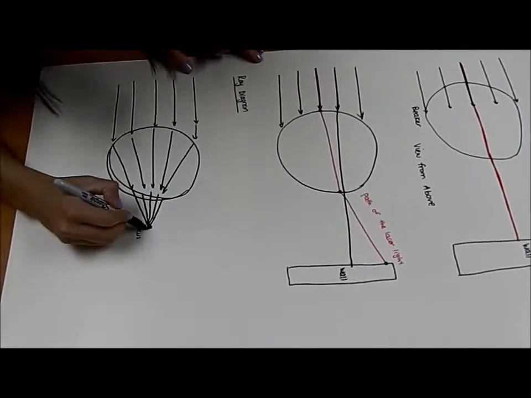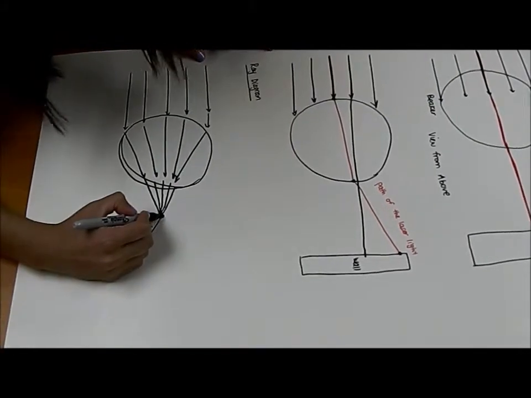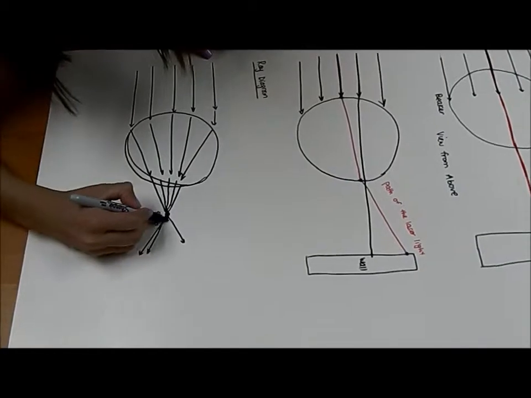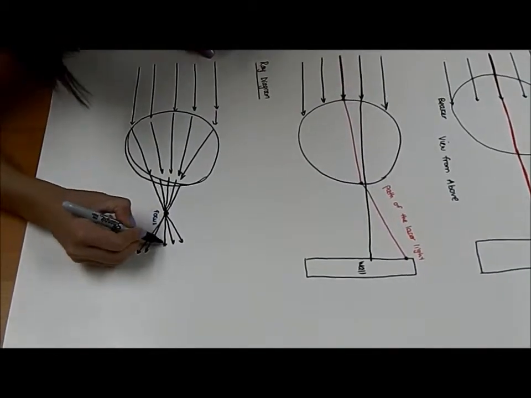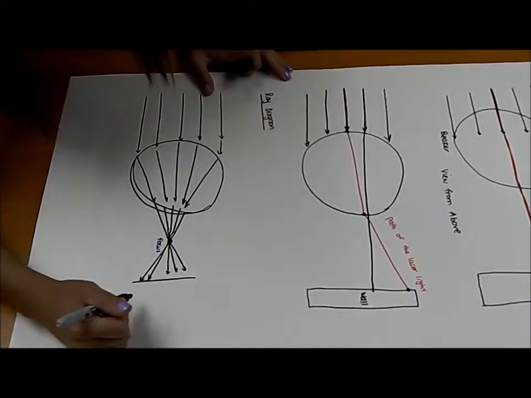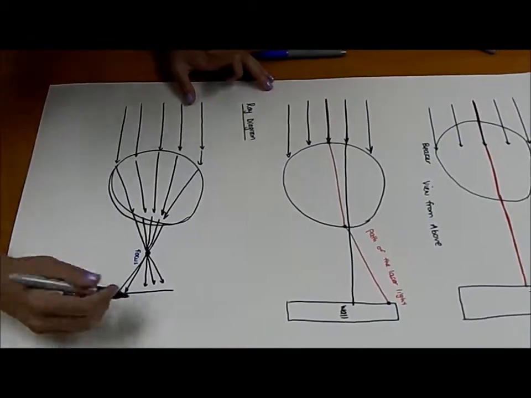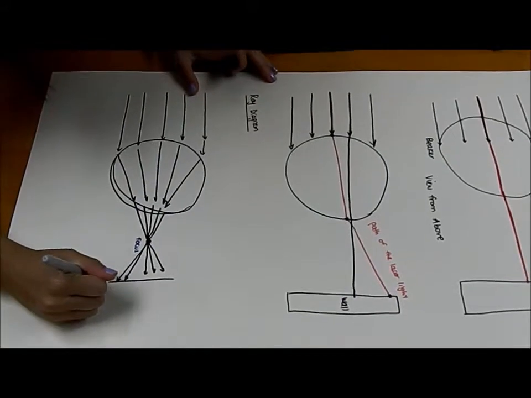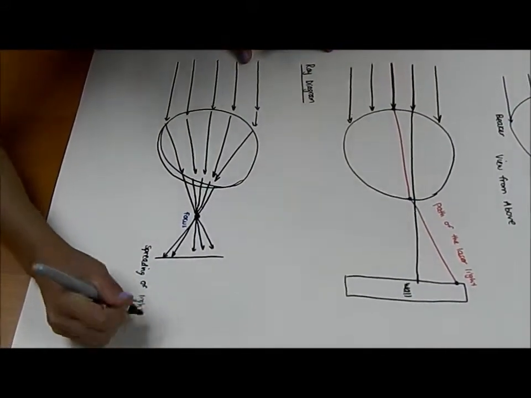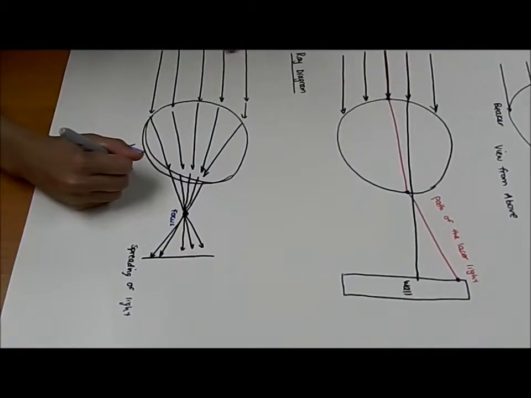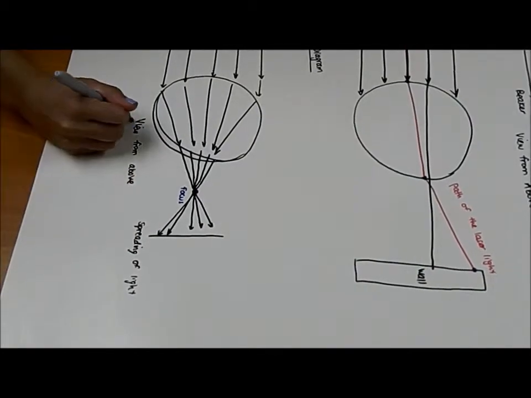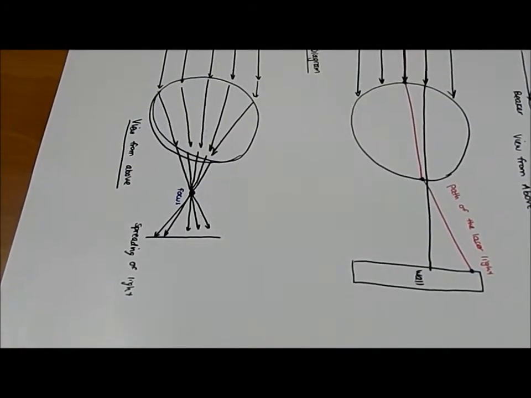And then the rays would continue on from their previous path until this would be the wall. Well, the wall would be here, and this would be the spreading of light. And this is also the view from above. Okay.